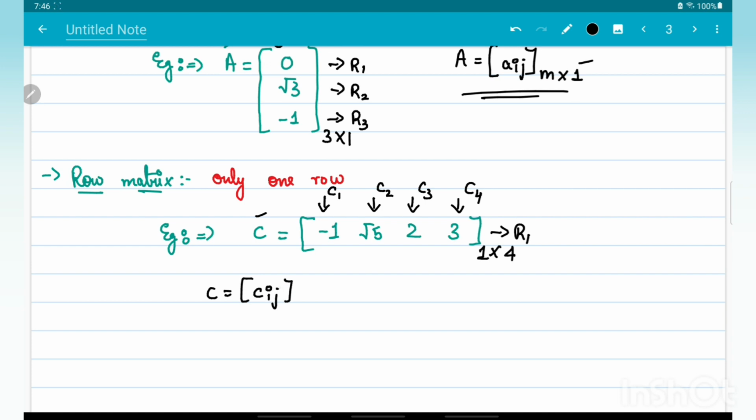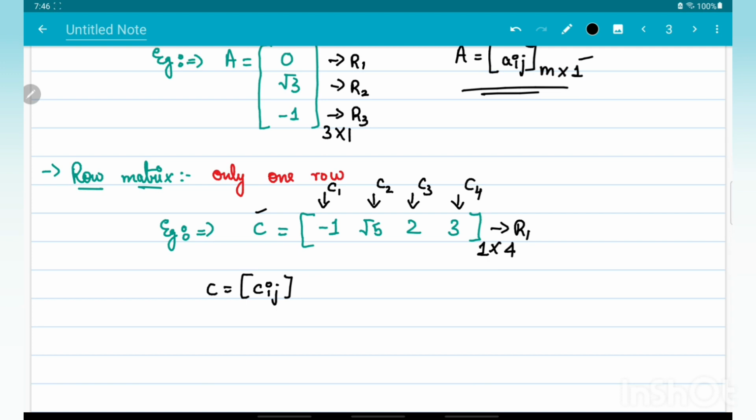You can write it as Aij also, it doesn't matter, but since I've taken C here, I'm writing Cij just to represent. Then for the order of the matrix, you will write 1, because 1 represents the number of rows, and the rows should always be 1 in a row matrix, multiplied by n. Here n refers to the number of columns. So this is the general form of writing the row matrix.